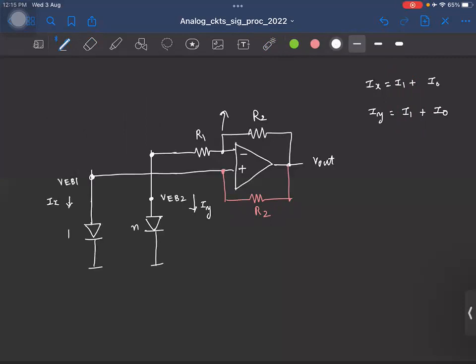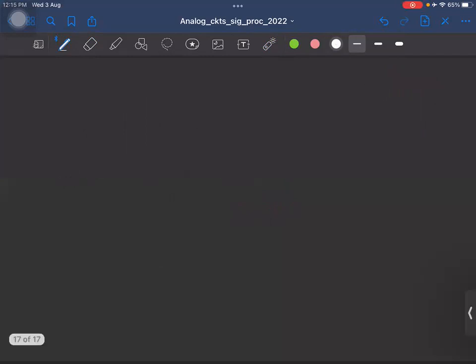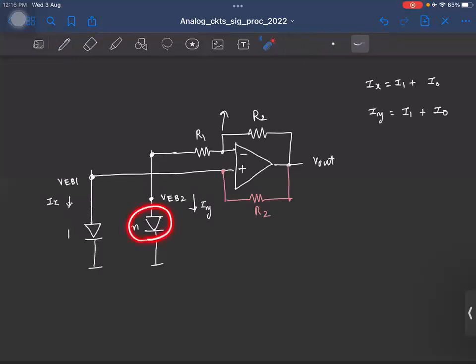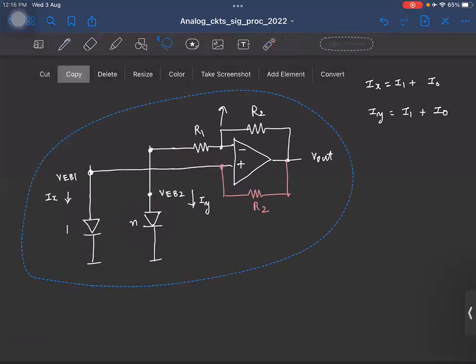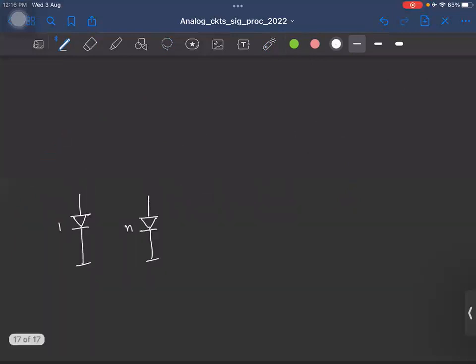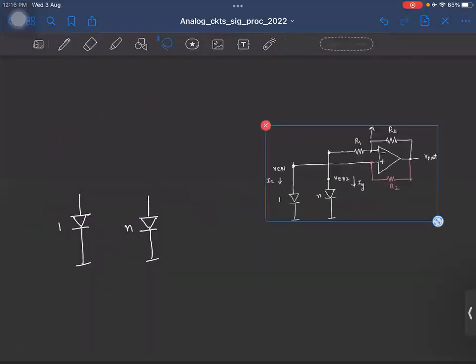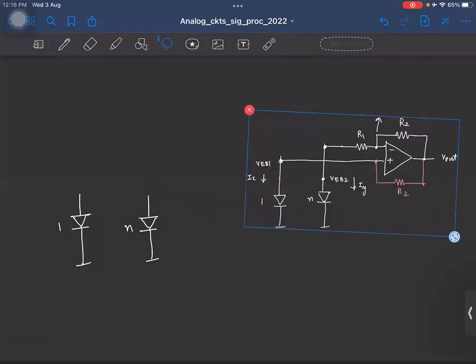So let me redraw this slightly in a format that you will find in textbooks. So I'll start with the two diodes here. One, and I have the N diodes. Okay. And in series with these N diodes, I have a resistor R1, and it goes to the virtual ground. Okay. So maybe let me copy it here so that it's visible, right?